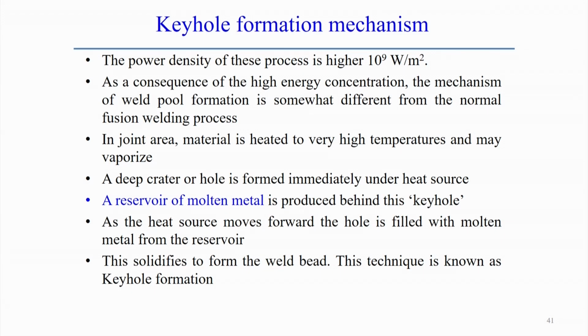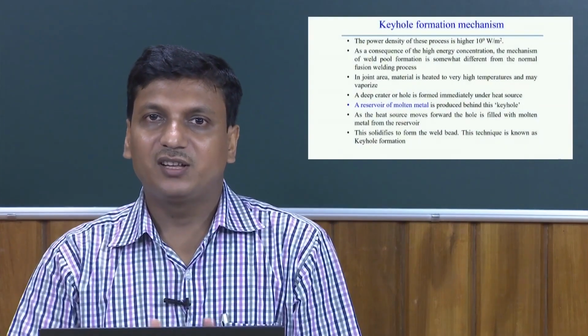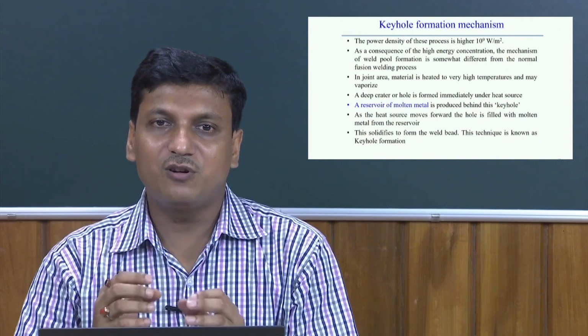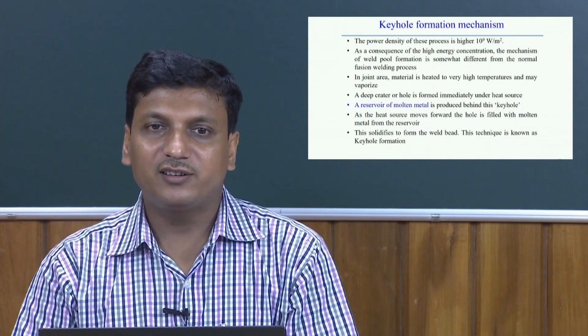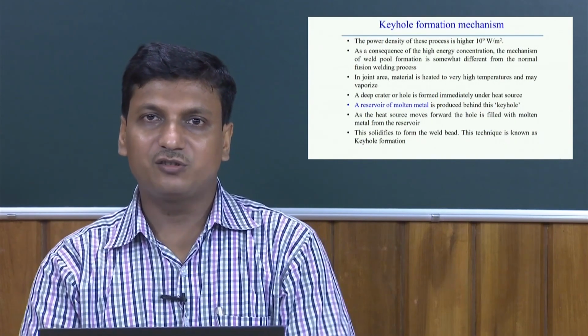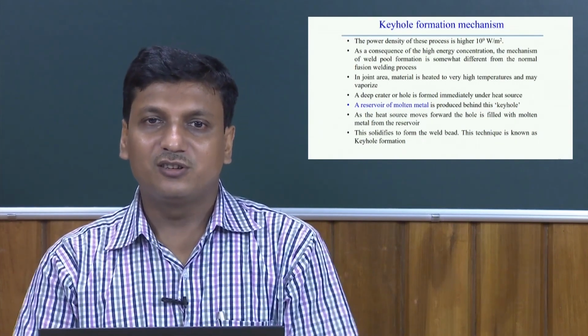When the metal is heated to a very high temperature and crosses the vaporization temperature, it vaporizes the material. Therefore, a deep crater or hole is formed under the heat source.